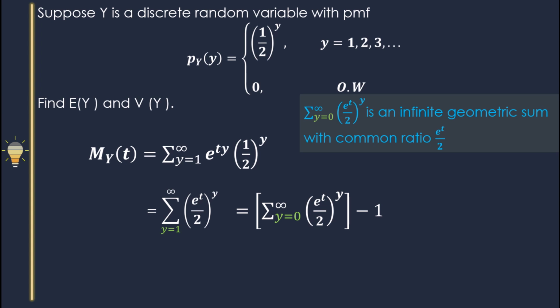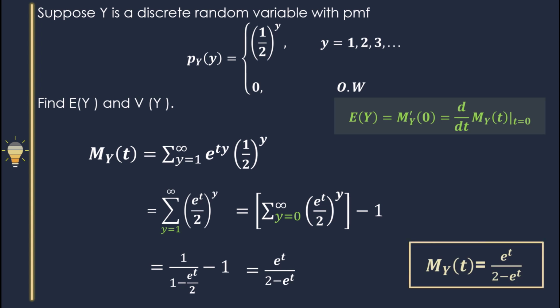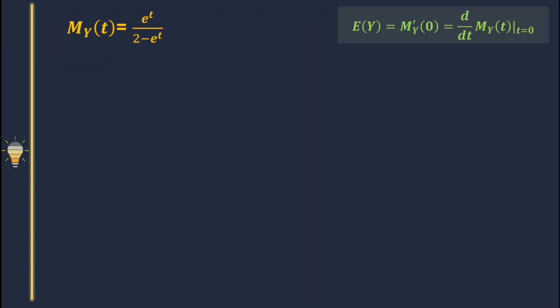So 1 is extra. Therefore, we need to subtract 1 from this expression. Then you know the infinite geometric sum, so you can find the sum and simplify, and that is e^t over 2 minus e^t. So this is the moment generating function of Y.